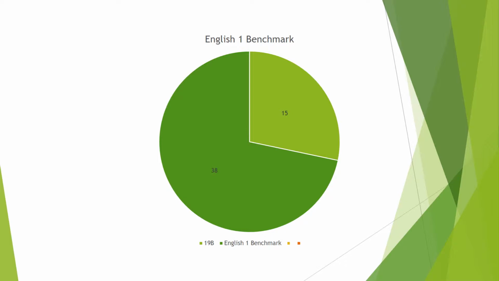On this chart, I went ahead and made it so that we can have an idea of how many questions actually pertain to TEKS 19B. Out of the 53 questions that the students received on their 9th grade English 1 benchmark, we identified 15 of those were specifically from TEKS 19B. 15 of those questions out of 53 is 28%.